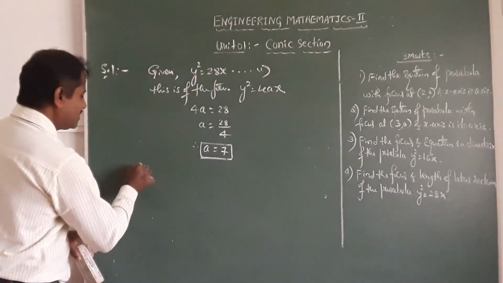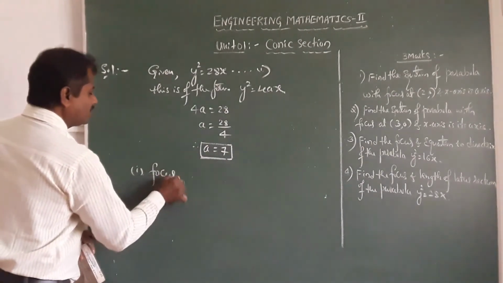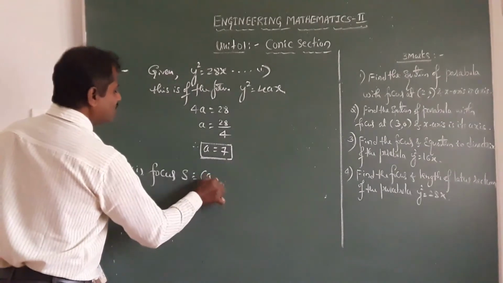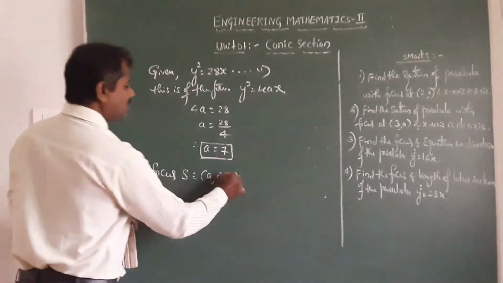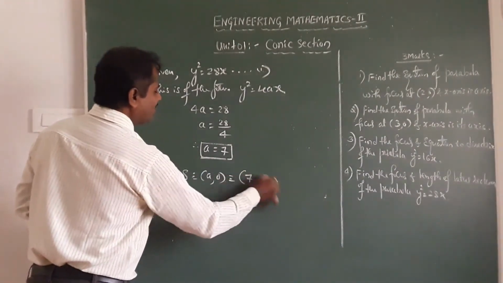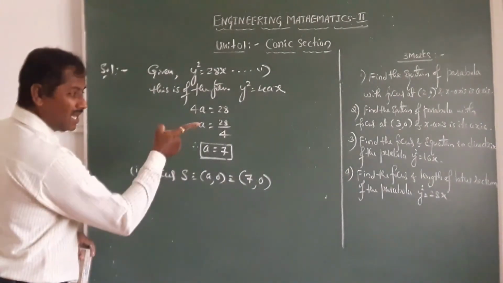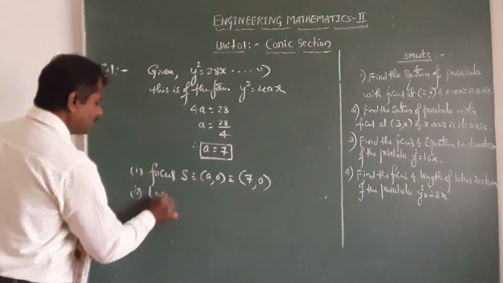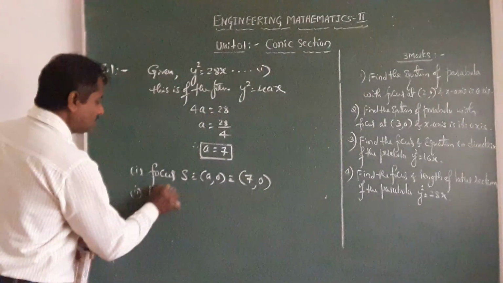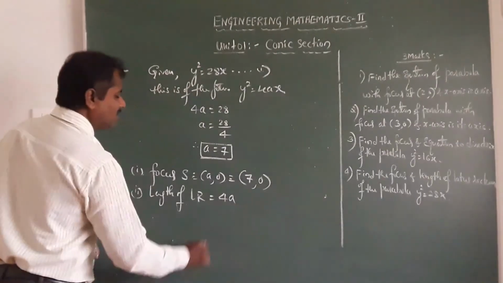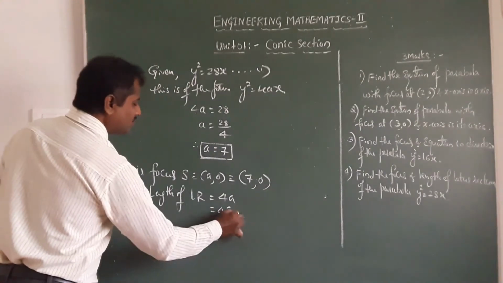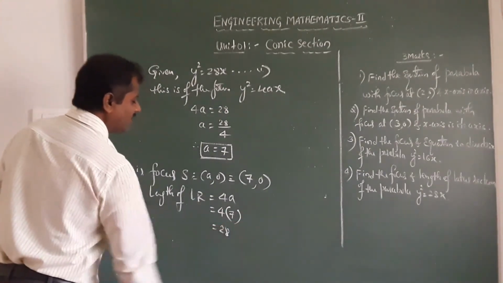Okay, so from this given equation of parabola, we have found the value of a. And what is asked is again the focus. What is the focus? S is equal to (a, 0). So here the point is (7, 0). And another thing asked is the length of latus rectum. The length of latus rectum is 4a, which is 4 into 7, which is equal to 28.